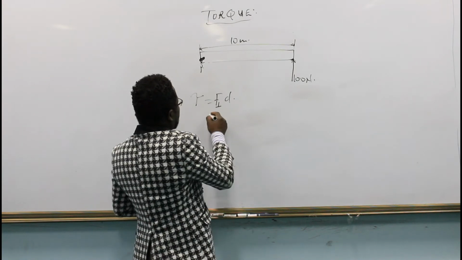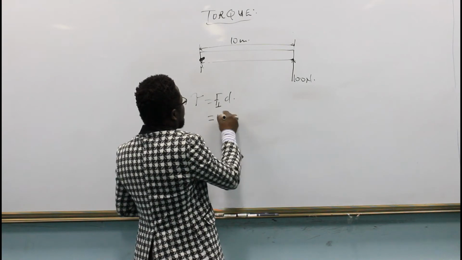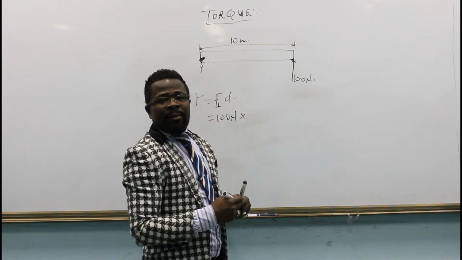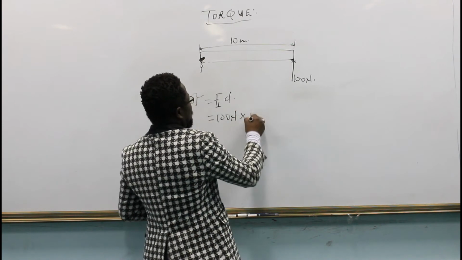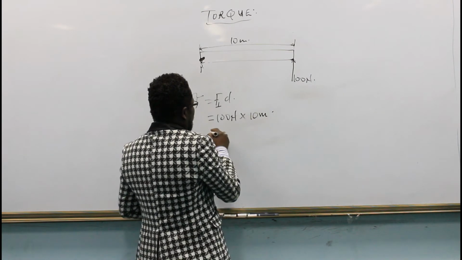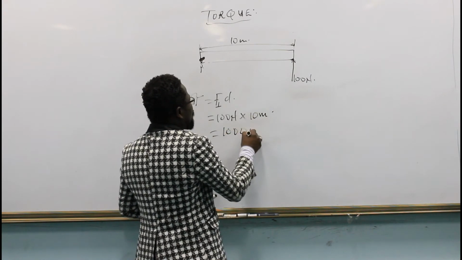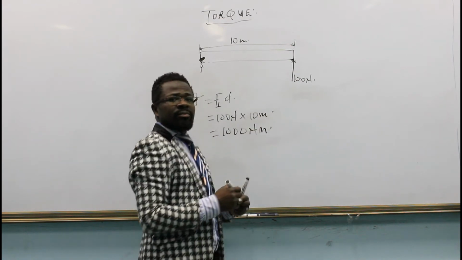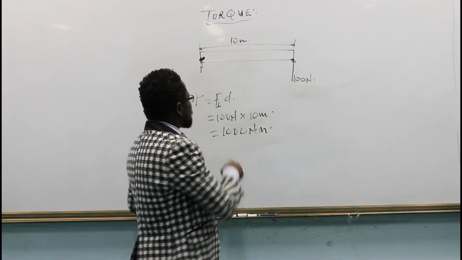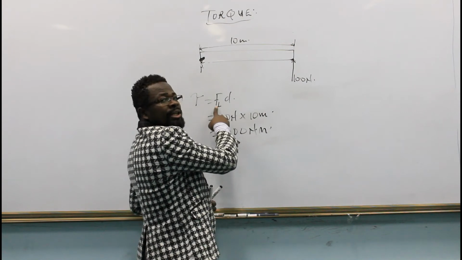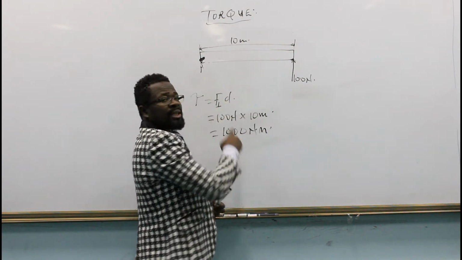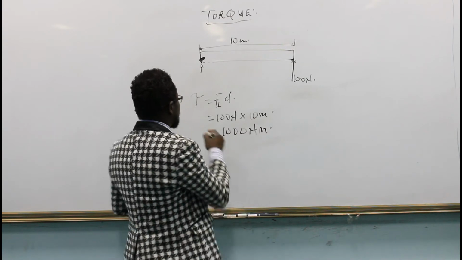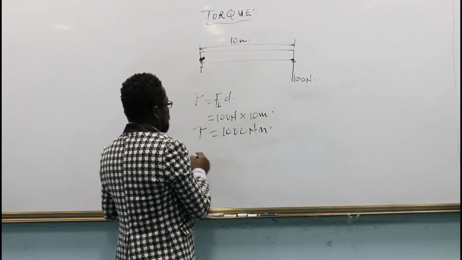The perpendicular force is 100 newtons, multiplied by the lever arm, which is 10 meters. Therefore this gives us 1000 newton meters. How did I get the unit? Force is measured in newtons and distance is measured in meters, therefore newton meters becomes the unit of the torque.